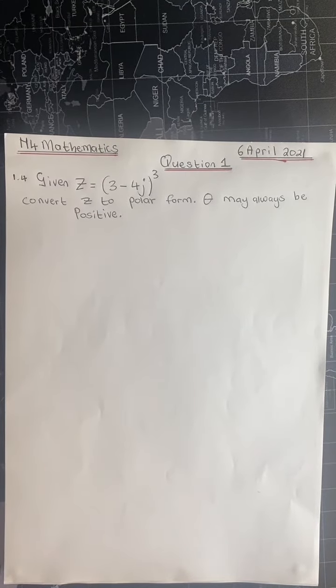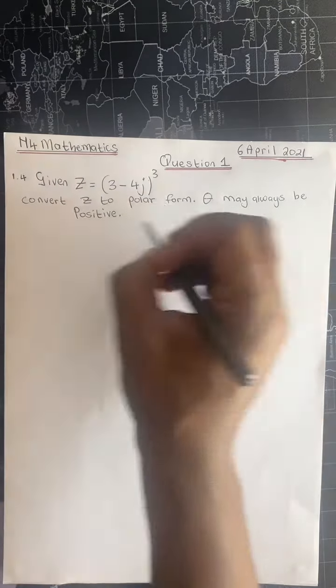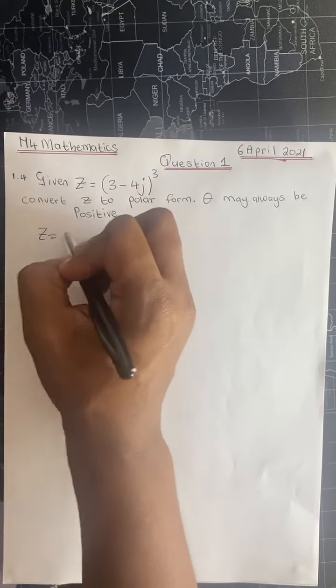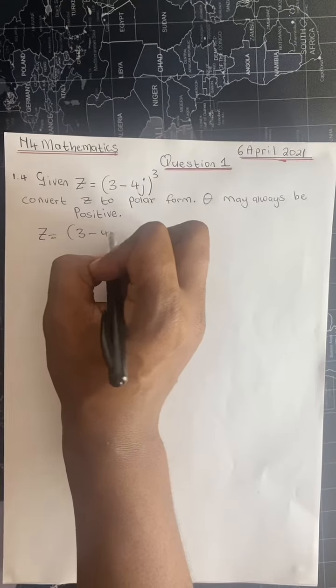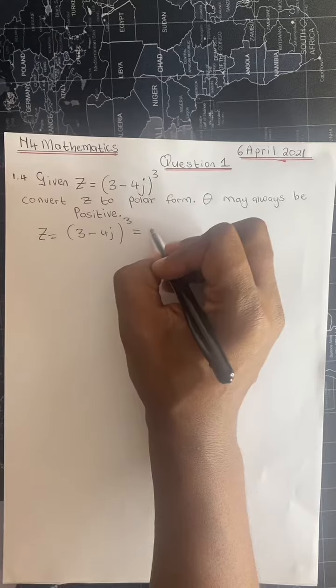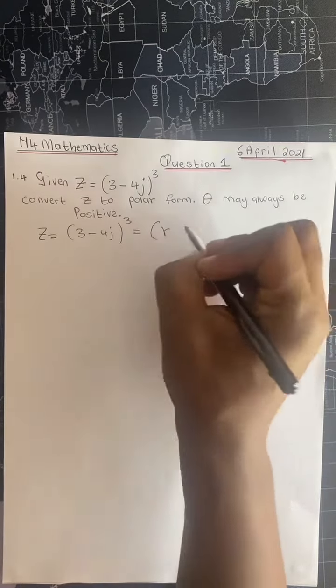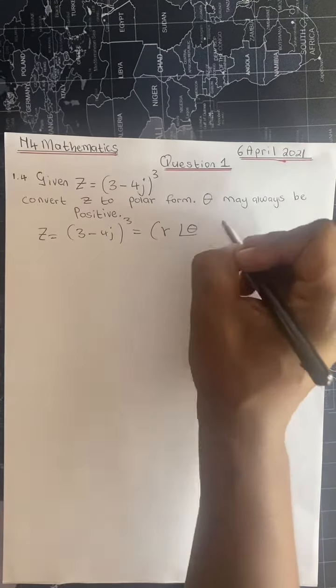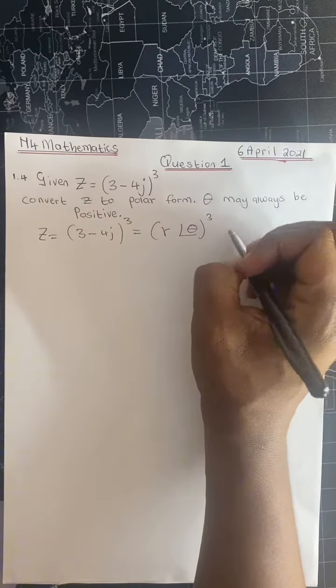Question 1.4, we are given the complex number in rectangular form where z is equal to 3 minus 4j, all raised to the power 3, and we have to convert z to polar form, and theta must always be positive. So we'll convert this to polar form, and we'll get our radius and our positive theta, and we raise this to the power 3.